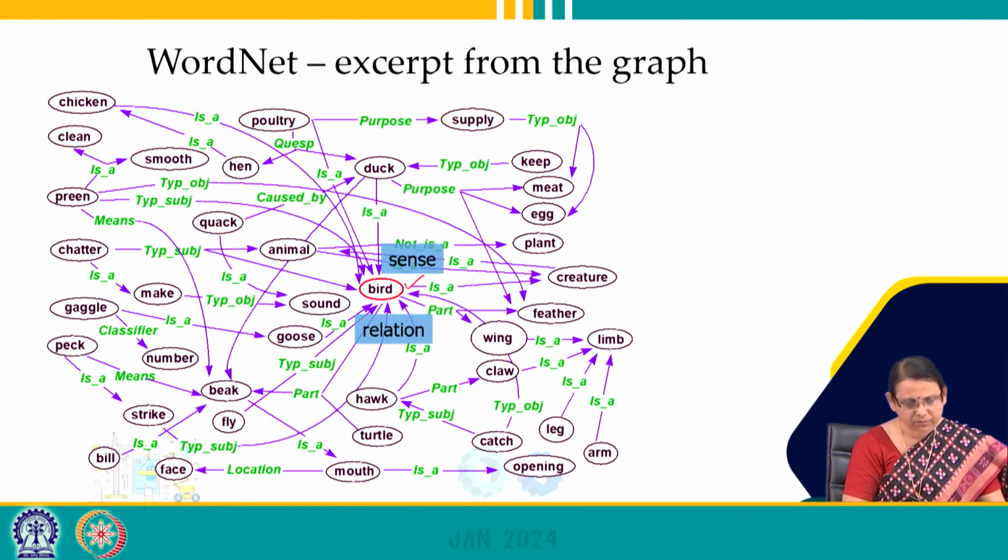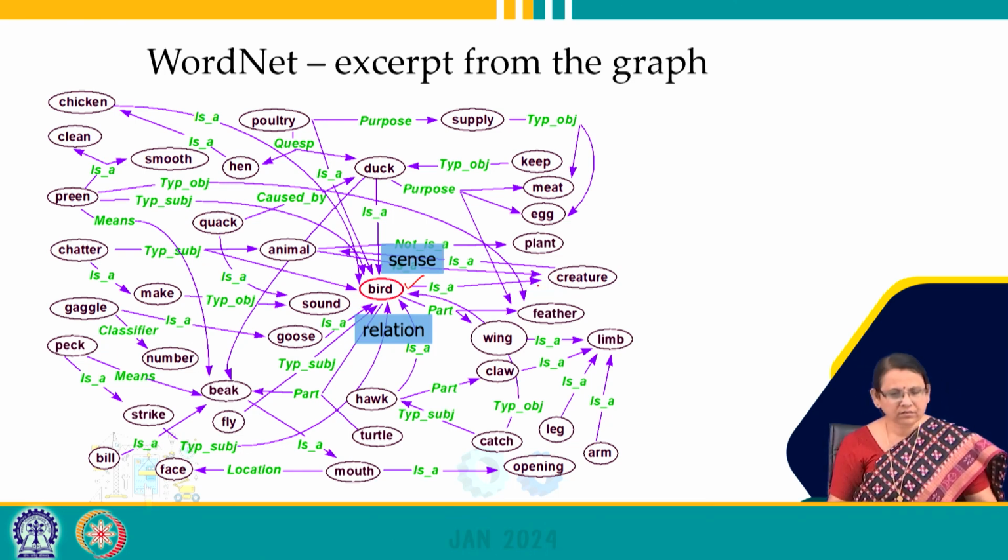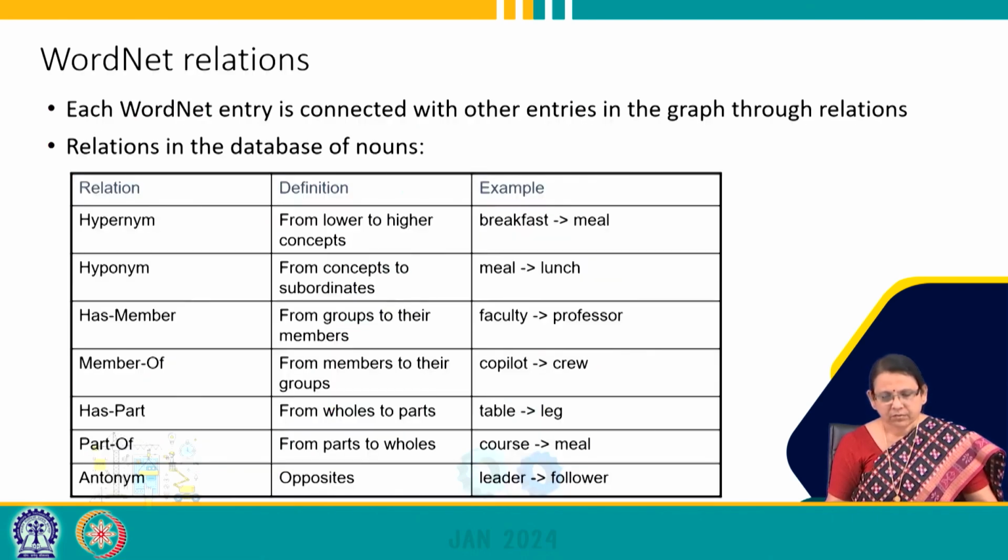What are the relationships? There are many relationships: a bird is a creature, a goose is a bird, and so on. This is just a graphical view of a very small part, but it will actually be represented in terms of many relationships.